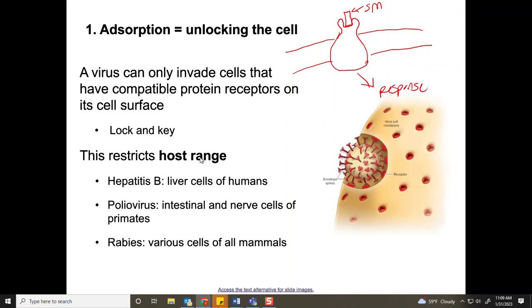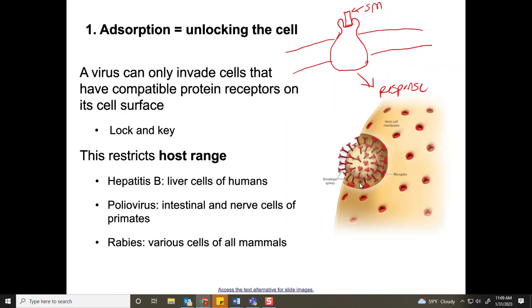Now, what viruses do is they mimic these receptor protein sites in such a way that they fit into them. Alright, so what we're seeing here is a virus that is going to have these spikes that are going to have a certain shape that will fit some of these protein receptors.